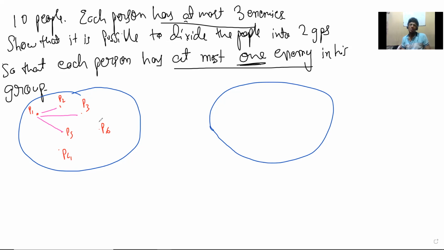But that also seems to be too good, in the sense that this kind of strategy will overall not work, right? Because you can never get such a situation where nobody has any enemy in their own group. That seems too good. It shouldn't be possible that it happens for everyone.